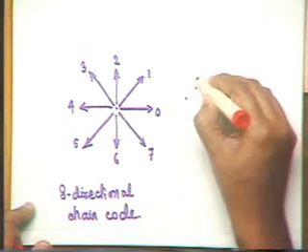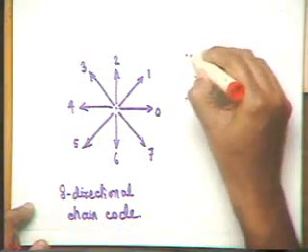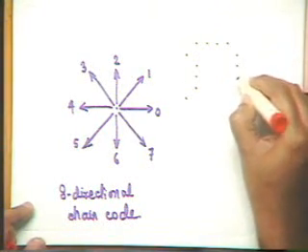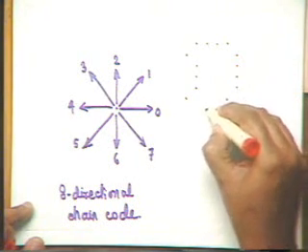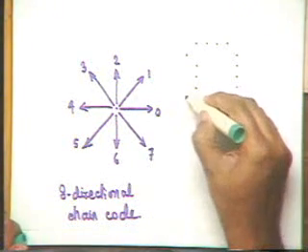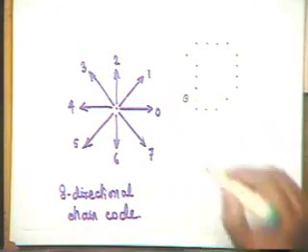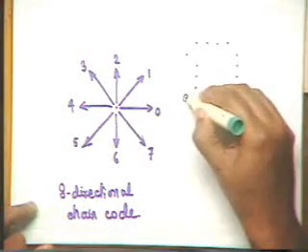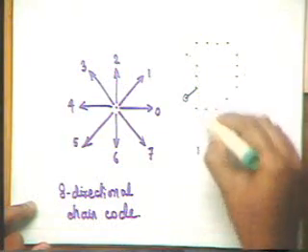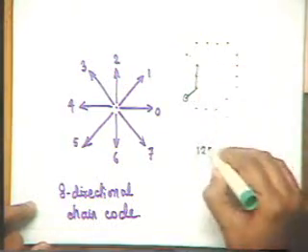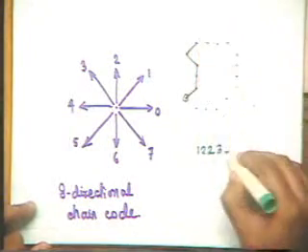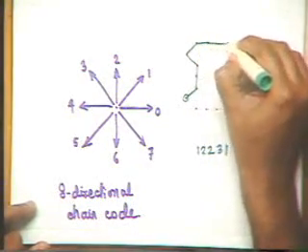Supposing we have a contour of this nature, and supposing our starting point is over here, what should be the chain code from here to here when we are traveling in the clockwise direction? 1, 2, 2, this is direction number 3, 1, 0, 0, 0, there are 3 zeros.